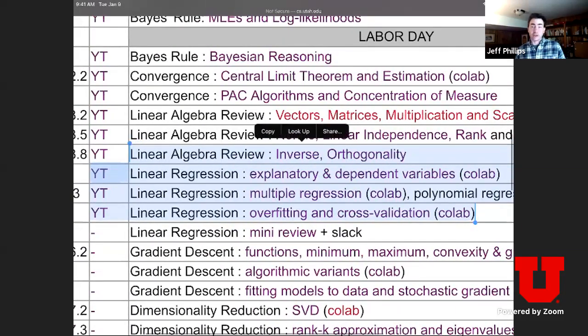From the last lecture on inverse and orthogonality, I'm not going to ask you to actually take an inverse. But the last lecture on linear algebra review, because that one was the day of the last quiz, is potentially covered on this quiz. And then the 3 lectures so far on linear regression, including overfitting and cross-validation.